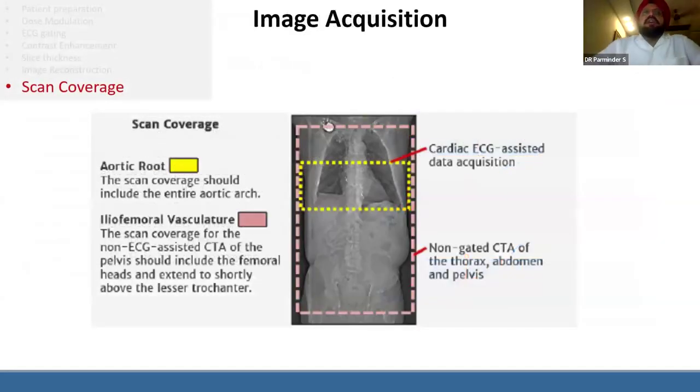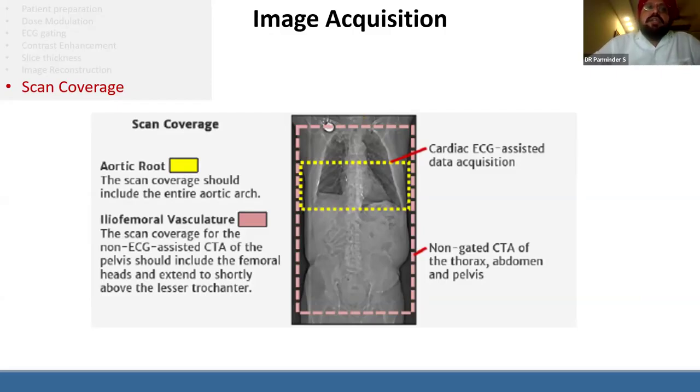And the last thing in the image acquisition is the scan coverage. We know that we want ECG gated data for the aortic root and non-ECG gated data for the rest, starting from above the aortic arch to below the femoral head, so that we can assess the peripherals also.